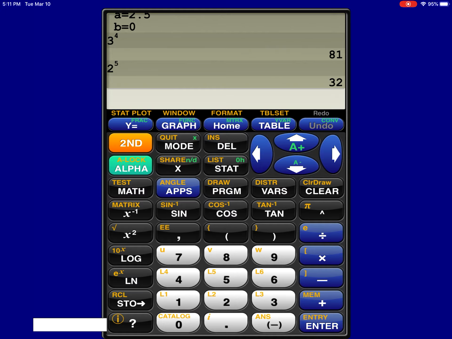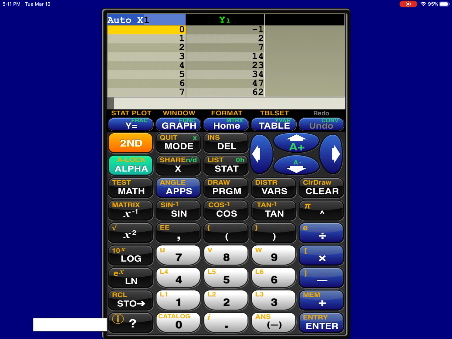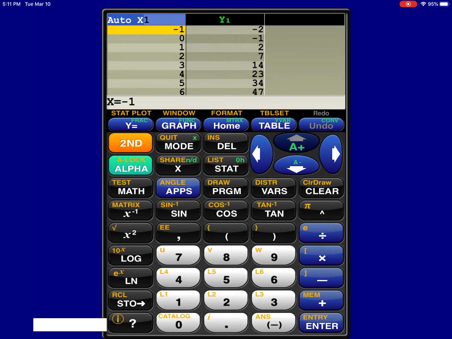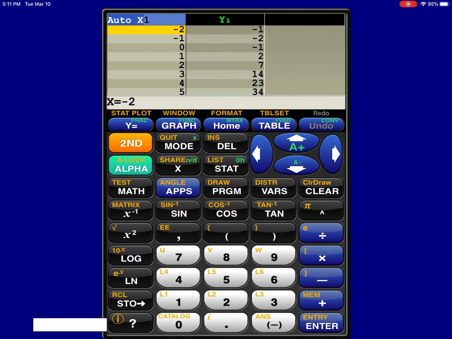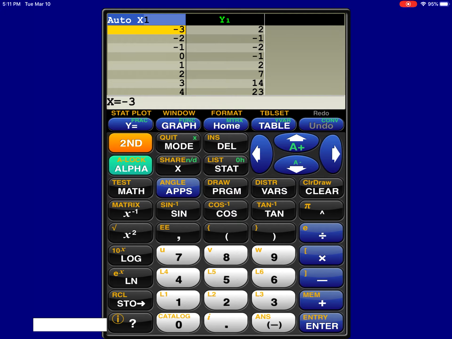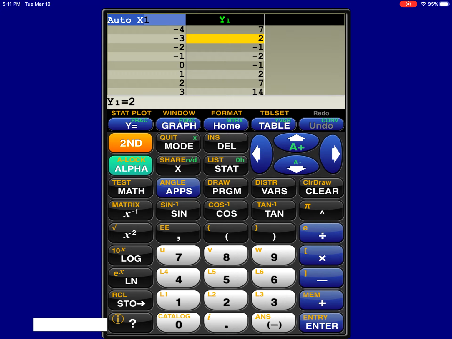But I want to go ahead and show you how to do it in terms of if you were looking at your TI-84 calculator in hand. If you notice, I have -2, and then just past that, I have 2 here.